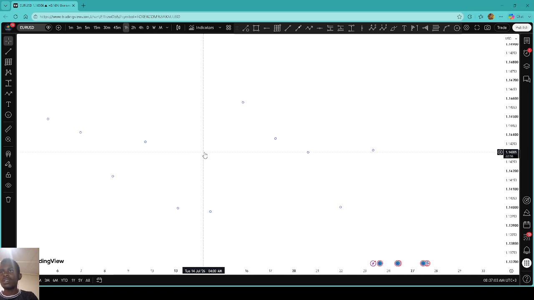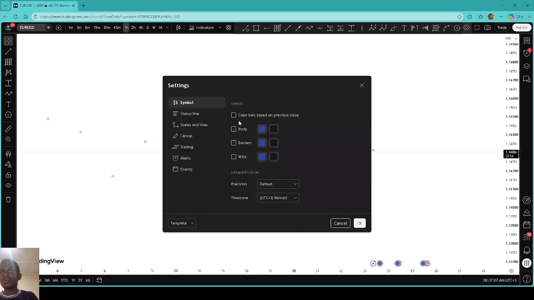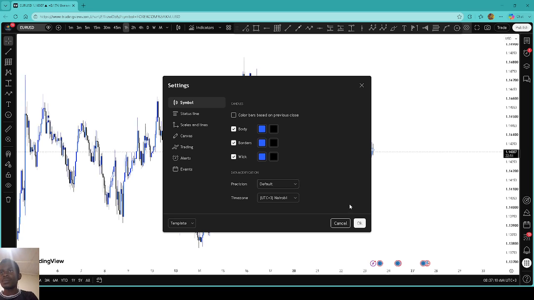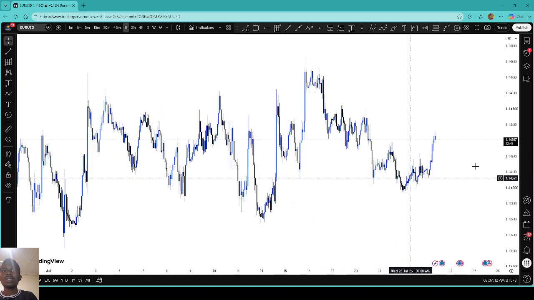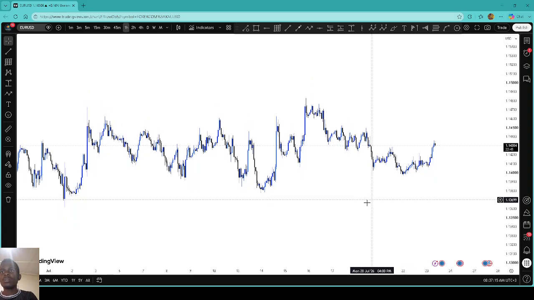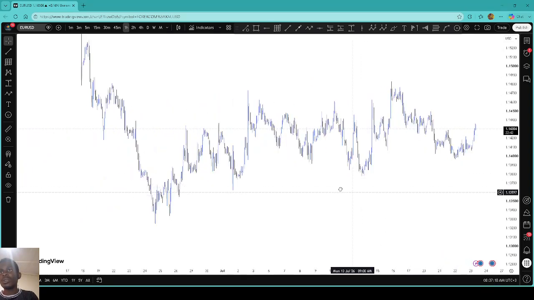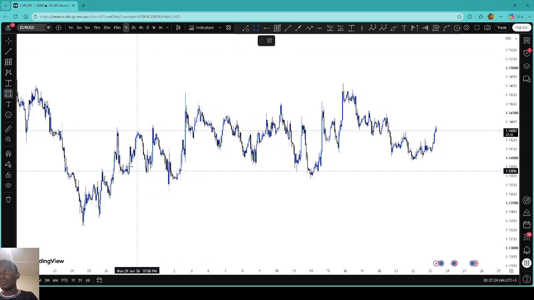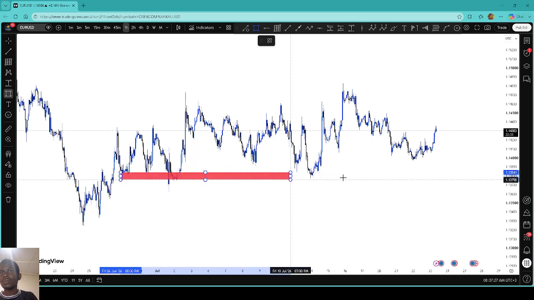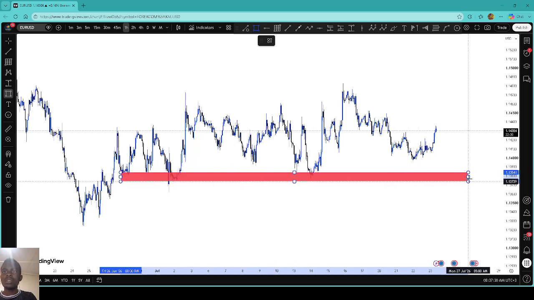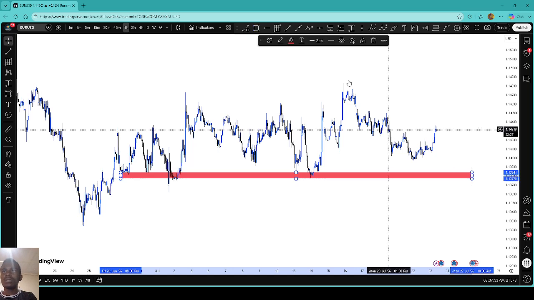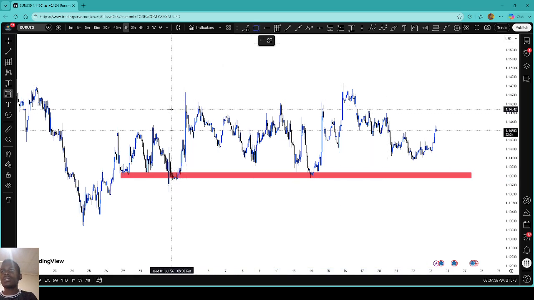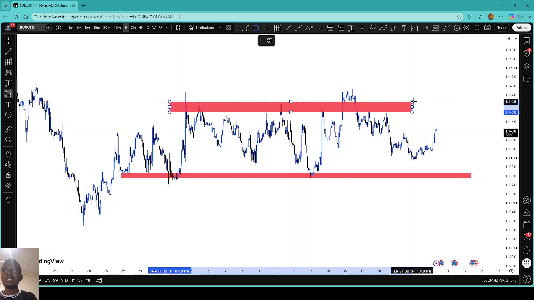So let's look at an example. Let's see if we can catch an example on the EUR/USD. Let's see if we can catch a good one. This is a good example of an accumulating market. Now we can see that price is within this range, and we can see also within this range. Are we together?